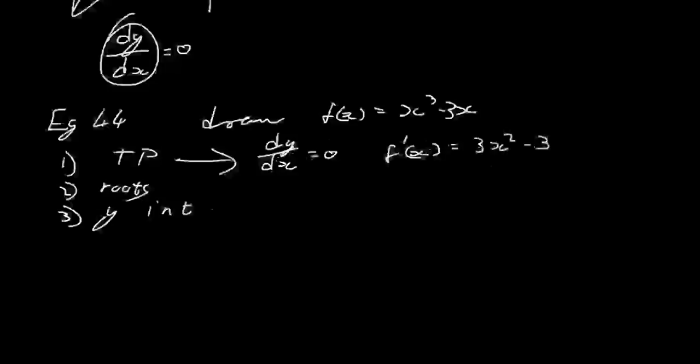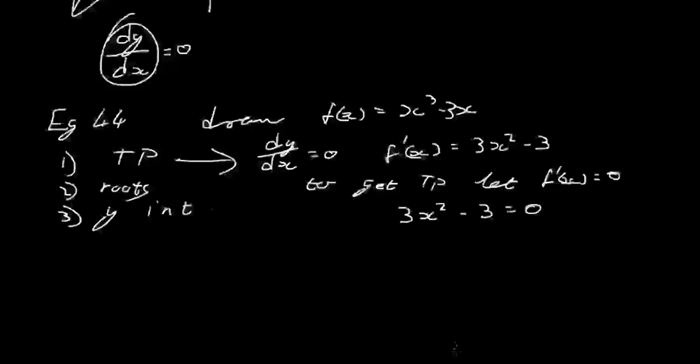And f prime is the same as dy by dx. Then, to get the turning points, so to get TP, let the gradient equal 0, or let f prime of x equal 0. So we've got 3x squared minus 3 equals 0. And now all we have to do is solve for x. So how are we going to do that?